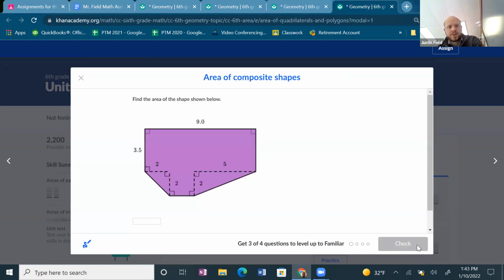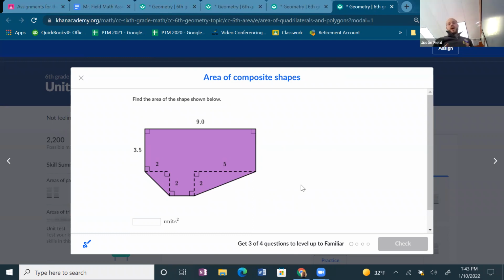Composite shapes. Very important one because not all shapes are nice, but we can break shapes down into nicer shapes. Shapes we can find the area of, and then just add those areas together. So this guy right here is a 1, 2, 3, 4, 5, 6.